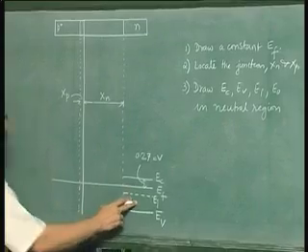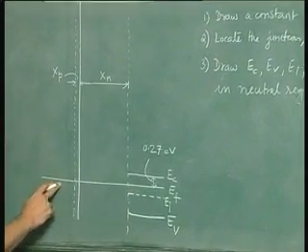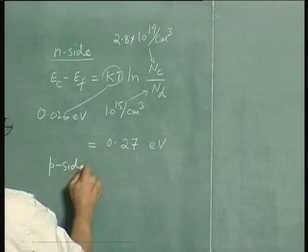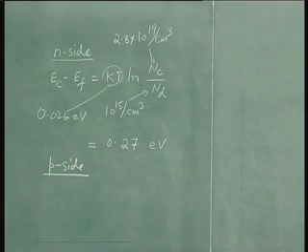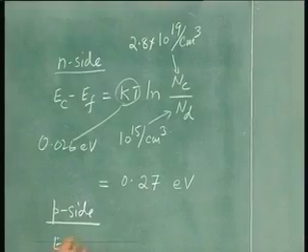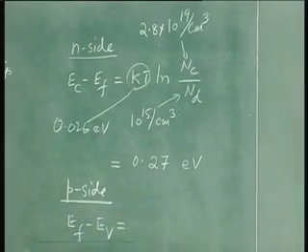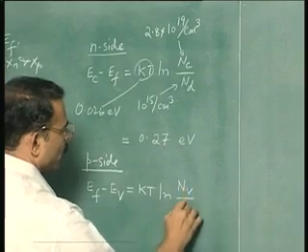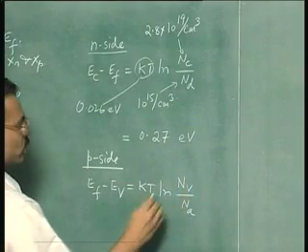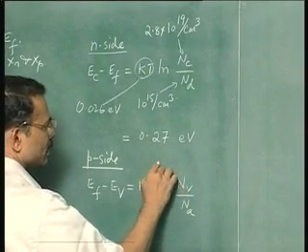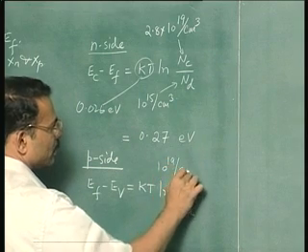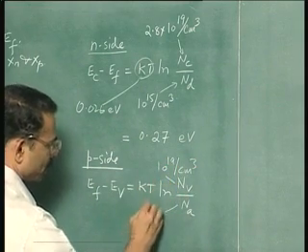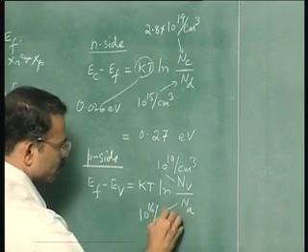Now we should complete a similar exercise on this side, on the P side. So for P side, you have EF minus EV is equal to KT ln NV upon NA. Then you substitute value of NV, which is 10 power 19 per centimeter cube in silicon, and NA is 10 power 16 per centimeter cube.